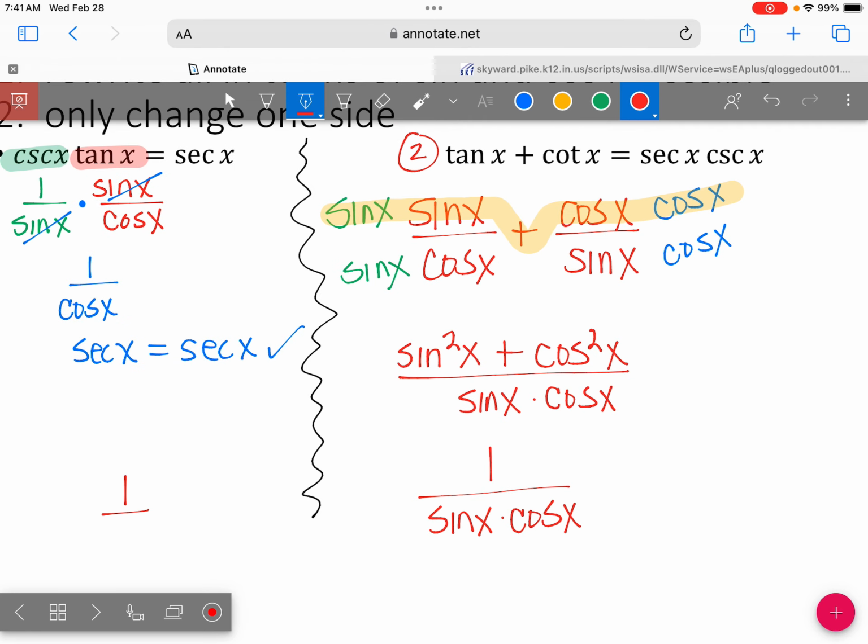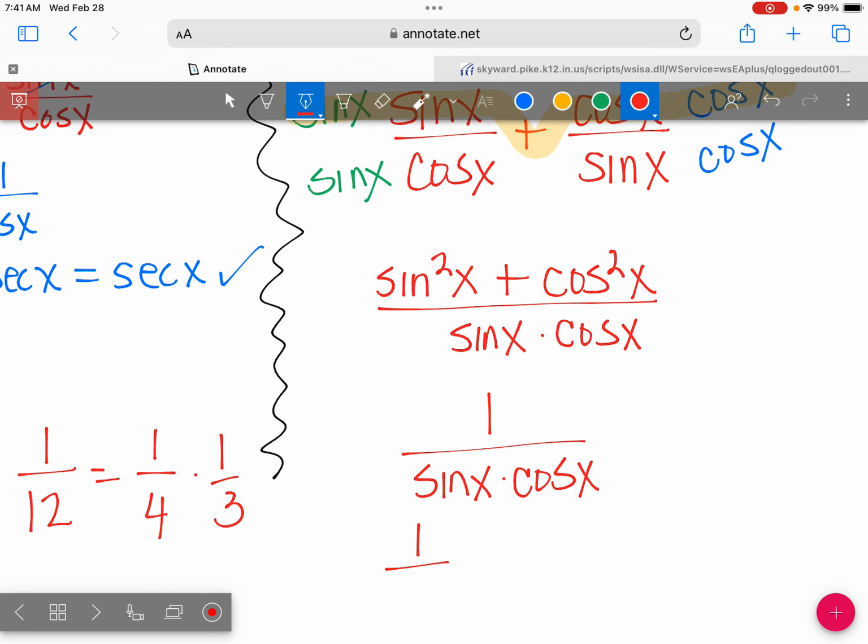If I have 1 over 12, I can break that apart to 1 over 4 times 1 over 3. So I'm breaking it apart to 1 over sine times 1 over cosine.